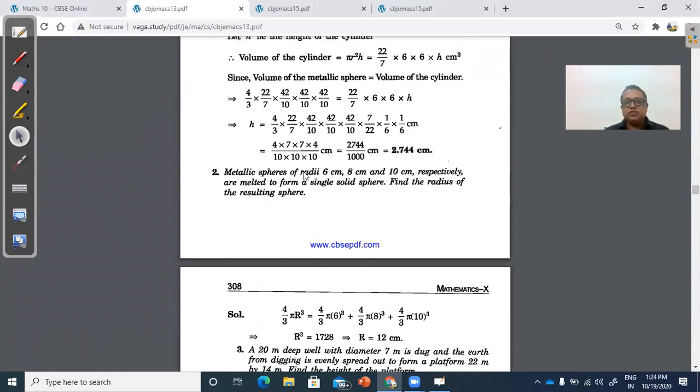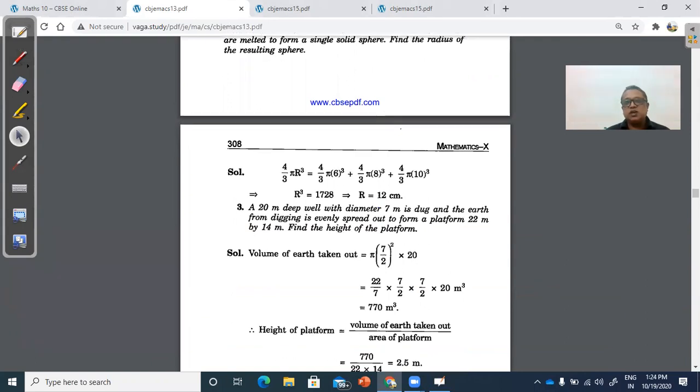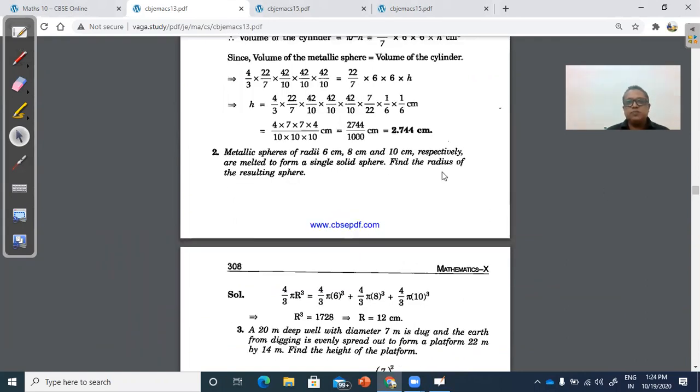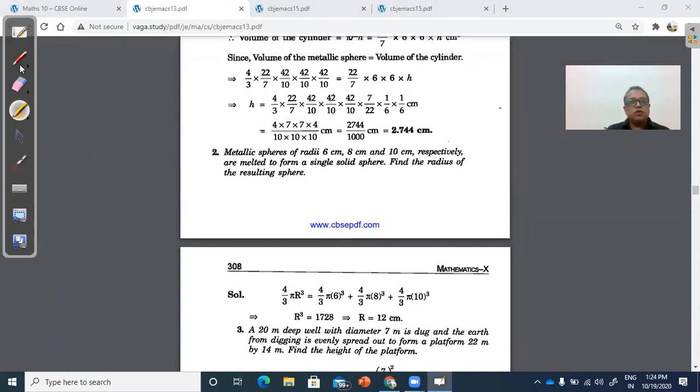Next one, metallic spheres of radius 6, 8 and 10 are melted to form a single sphere. So we have 3 spheres, 6, 8 and 10, and we are melting them to form one big sphere. So what will be the formula here? We will say 4 by 3 pi r1 cube plus r2 cube plus r3 cube, the 3 cubes together that are melted, will be equal to the volume of the big sphere, 4 by 3 pi r cube.